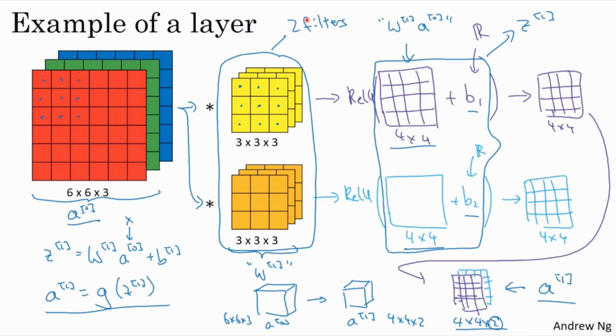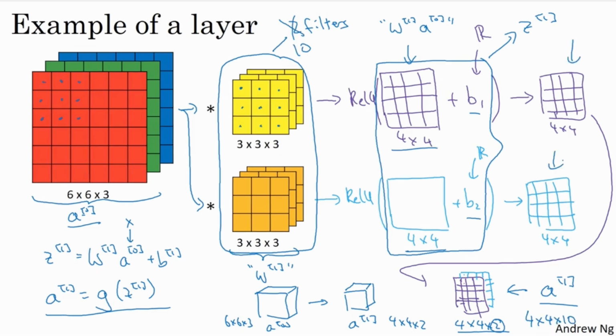And here you can see that a0, the initial activation of the 6 by 6 into 3 image, is being convoluted into an a1 activation in the next step, which is now 4 into 4 by 2. So there is a good dimension reduction here.